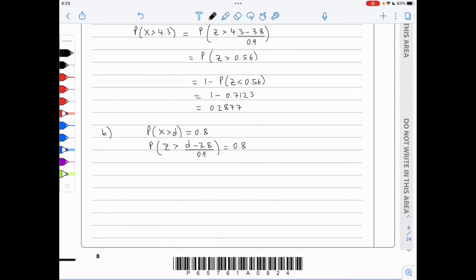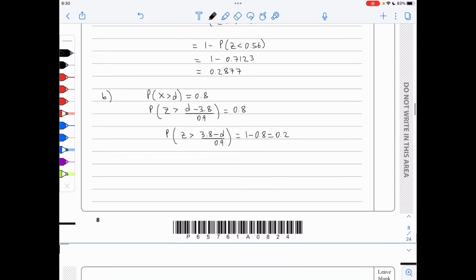We know that we will be using the small table of probabilities, which gives more accuracy. So I will make two changes. Instead of d minus 3.8, I will be doing 3.8 minus d over 0.9. And the 0.8 becomes 1 minus 0.8, which is 0.2.